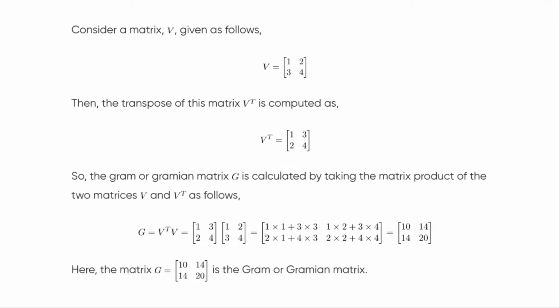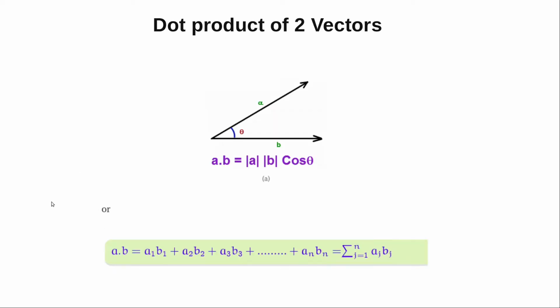But to understand Gram matrices and how they capture the styles of an image, first we need to revisit the concept of the dot product of two vectors. So here is that image. Let's take note that we have vectors A and B, both represented in a plane. Now, the more correlated A and B are, the closer the vectors are, that is, the more similar they are, which also means the angle theta between them will be smaller.